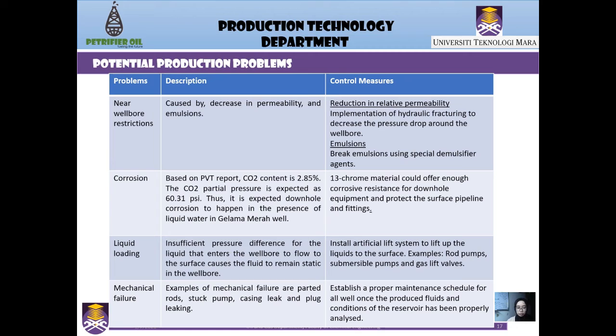The last problem is the mechanical failure. Examples of mechanical failure are parted rod, stuck pump, casing leak, as well as plug leaking. To control those problems, we can establish proper maintenance throughout the production life.